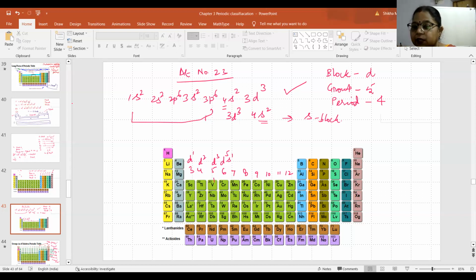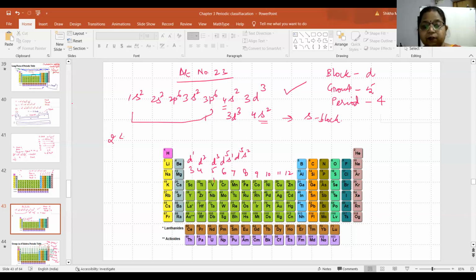I believe it is clear to all of you. Ananya, is it clear? Yes, ma'am, it's clear. So I want all of you to correctly identify the group and the period of these elements. And about the point which I left here, d5 s1, then we will have d5 s2.